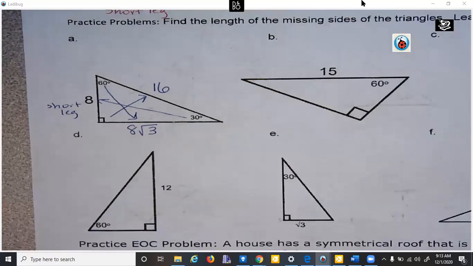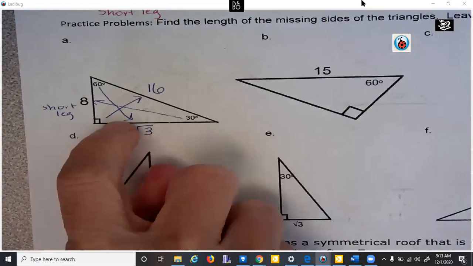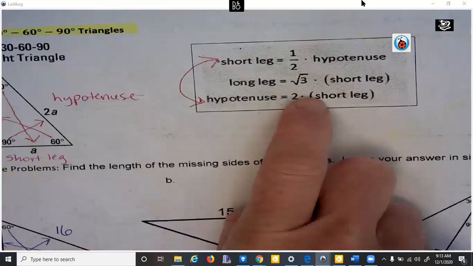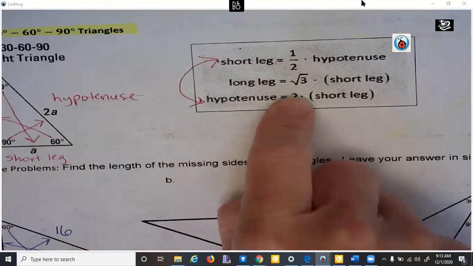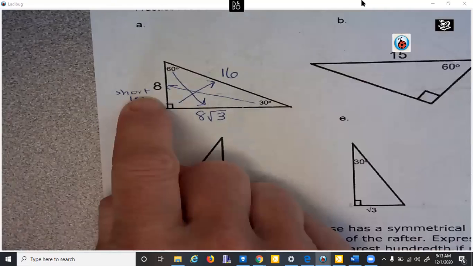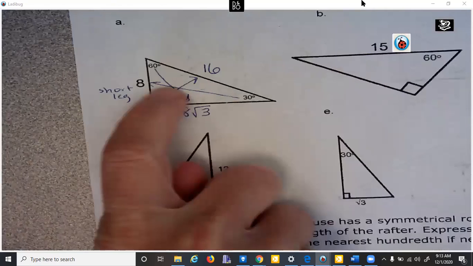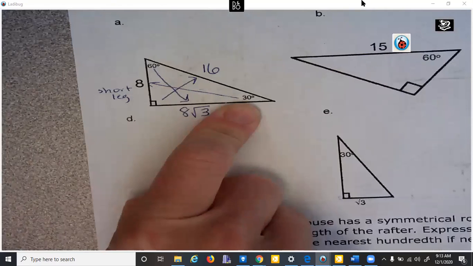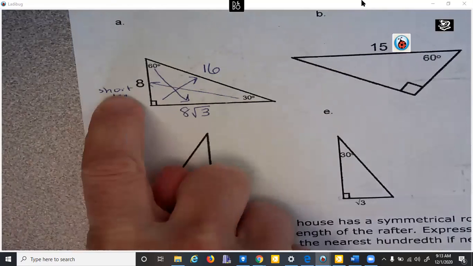Does anybody have a question? Could you explain that again? Yes. So the way I'm getting this is just the rules, all right? So you're just going to have to write these down, memorize them, something, okay? So the short leg is across from the 30 because that's the smallest angle. So this is the shortest side, okay?